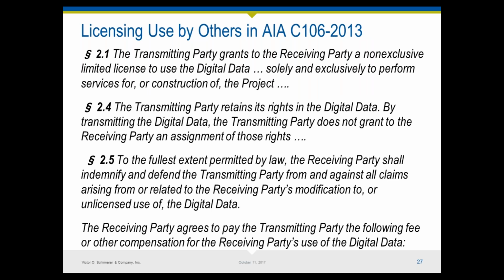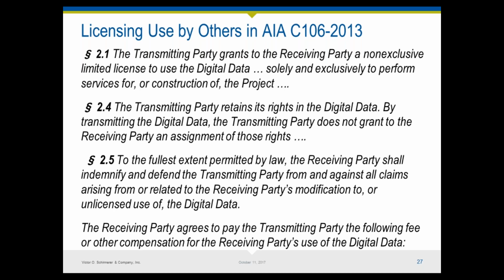When you transfer rights to use documents to other parties, you have to be very careful. And the AIA in the C-106, which is the digital data licensing agreement, because most of the information is being transferred digitally, came up with this. At times, other parties have to have access to the instruments of service to use them in designing other components of a project or even an actual construction.